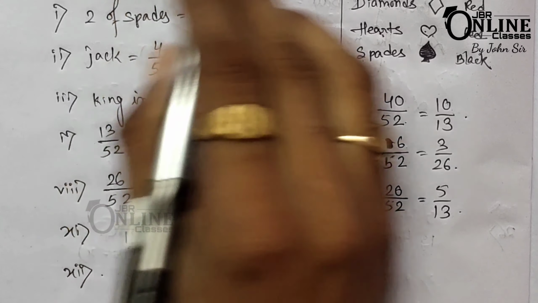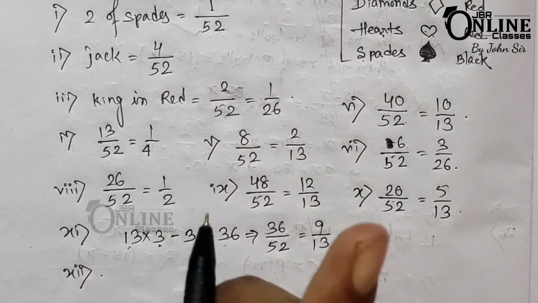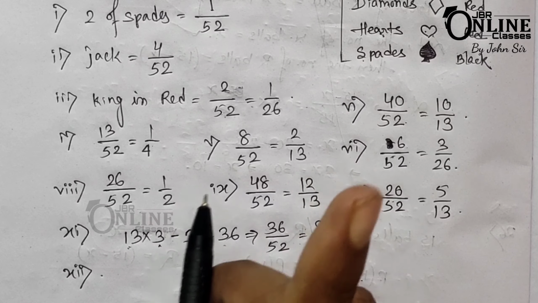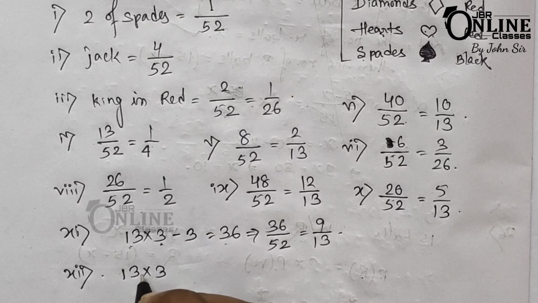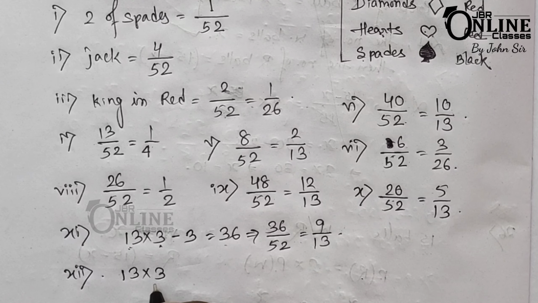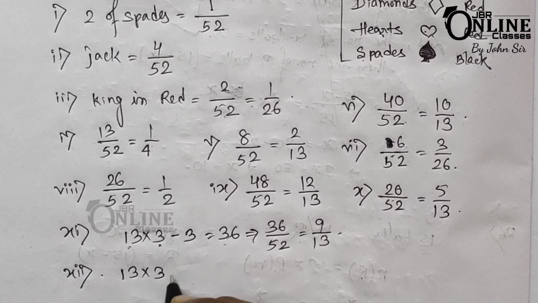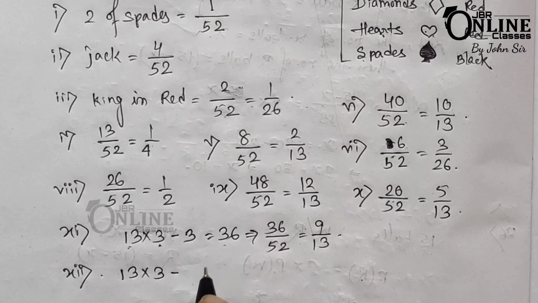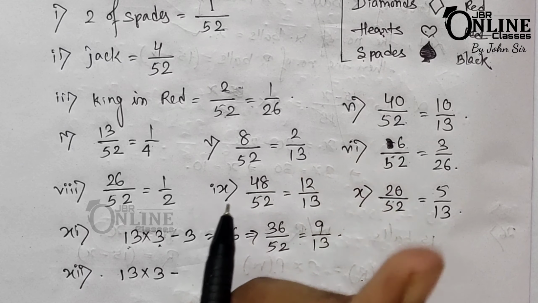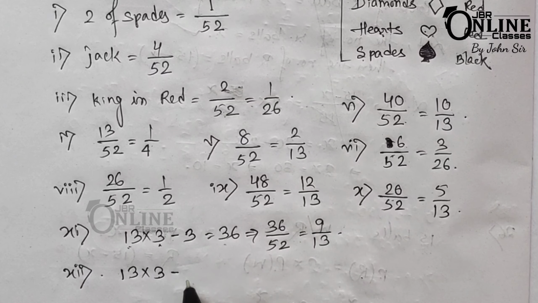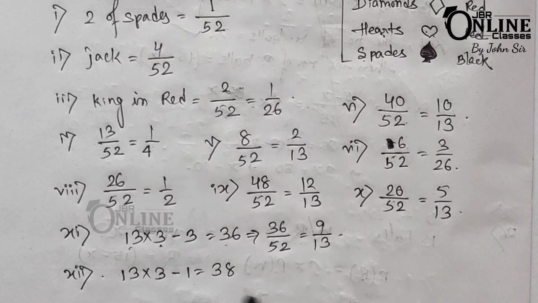Each suit has 13 cards, so non-heart cards means 13 into 3 again. 13 into 3 is the number of cards which do not contain hearts. Then minus the red king, since it is neither a heart nor a red king. The number of red king cards is 1. So 13 into 3 minus 1, and that equals 38.